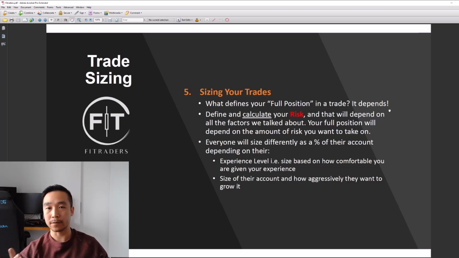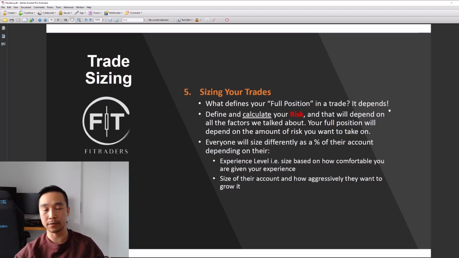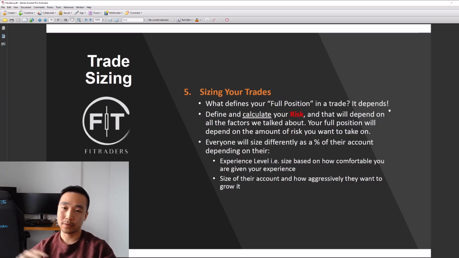In order to get from 80 back to 100, that's a 25% gain that you need. So a 20% loss needs a 25% gain to get back to where you were. That makes it a lot more difficult. And for another example, if you lose 50% of your account, that's a 100% gain you need to get back to where you were. So you don't want to risk too much, right?